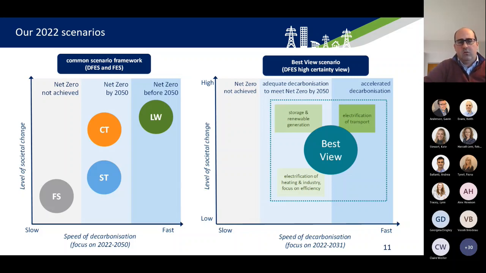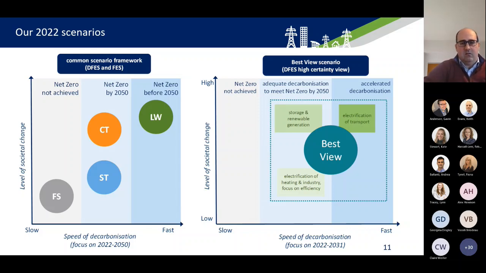I'm not going to go into a lot of detail around the scenarios. Some of you might be more familiar with the scenarios used by DNOs in their DFES and also with National Grid's Future Energy Scenarios. It's more of a high-level view of the scenarios so that you can understand that you can get data from our DFES and NDP across a range of scenarios.